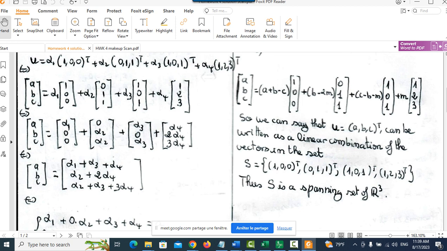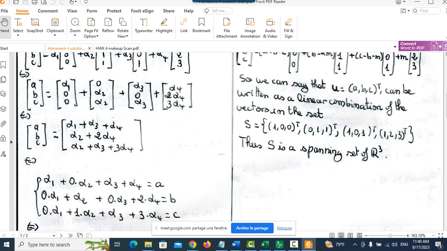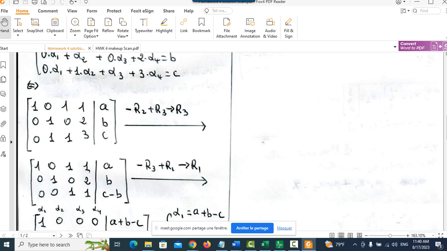So that means that the set of vectors that we are given actually spans R3. So we can say that u, which is equal to (a, b, c) transpose, can be written as a linear combination of the vectors in the set S. Thus S is a spanning set of R3. So that was the first problem.